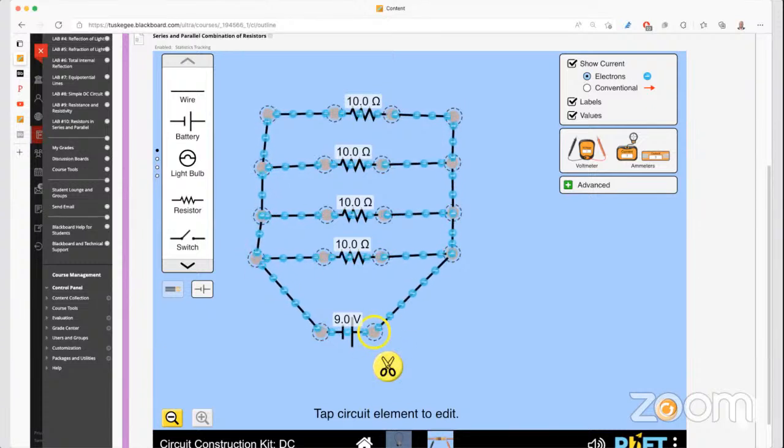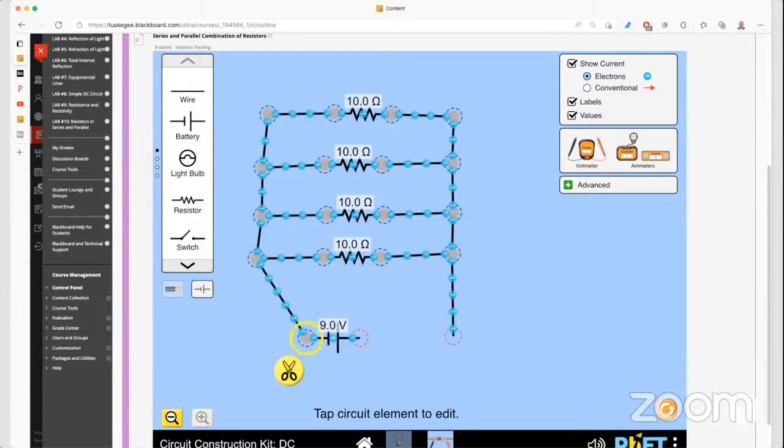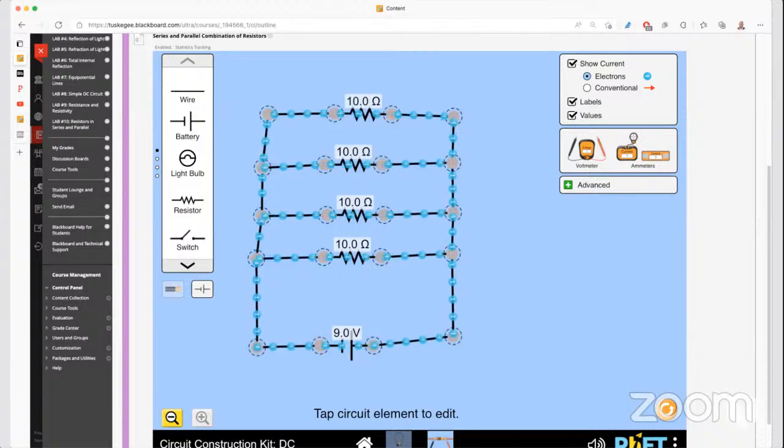Or if you wanted to remain in a nice geometrical or rectangular shape, you can drag this down and then add a wire here and a wire here. So this now constitutes a parallel circuit with 4 resistors.